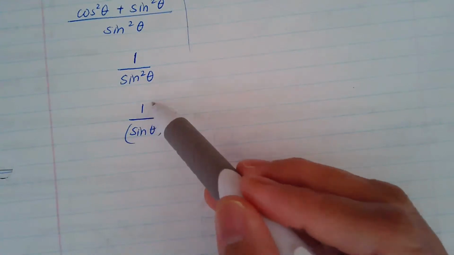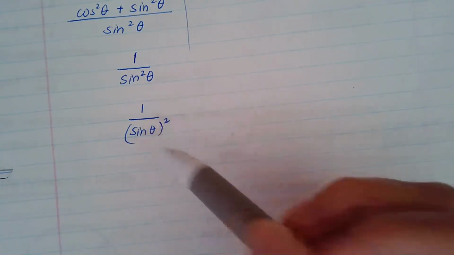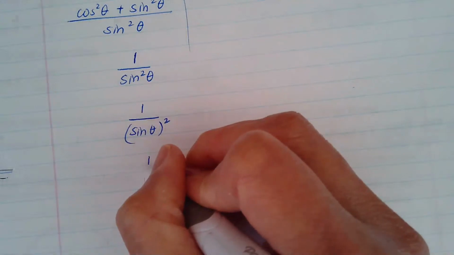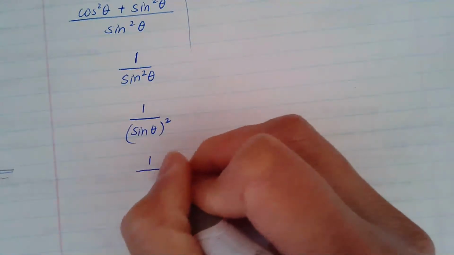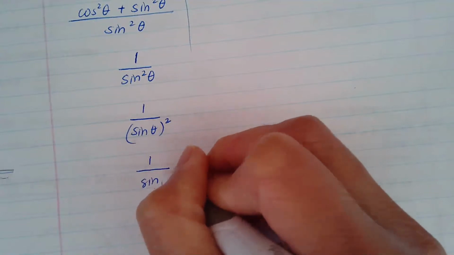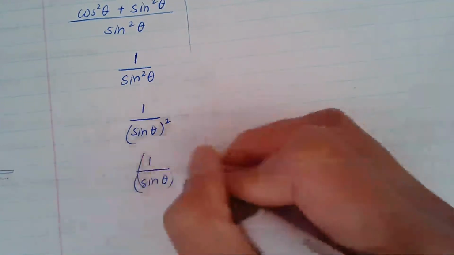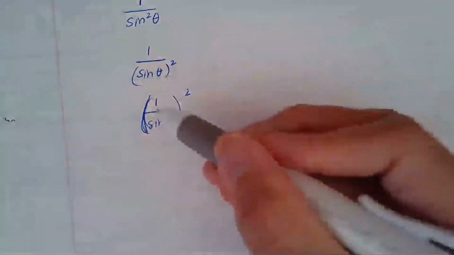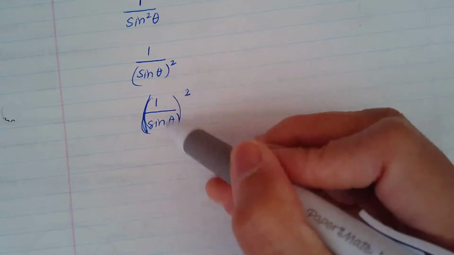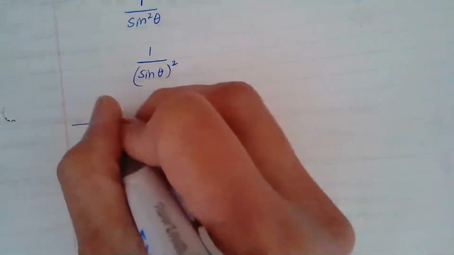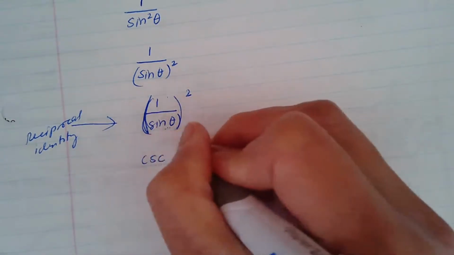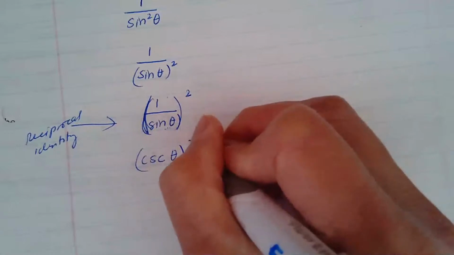Well, what's 1 over sine theta? 1 over sine theta is a reciprocal identity, and 1 over sine theta is cosecant theta. So it's cosecant theta all squared.